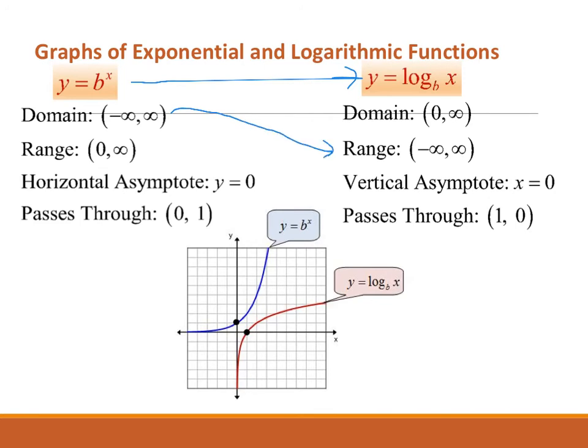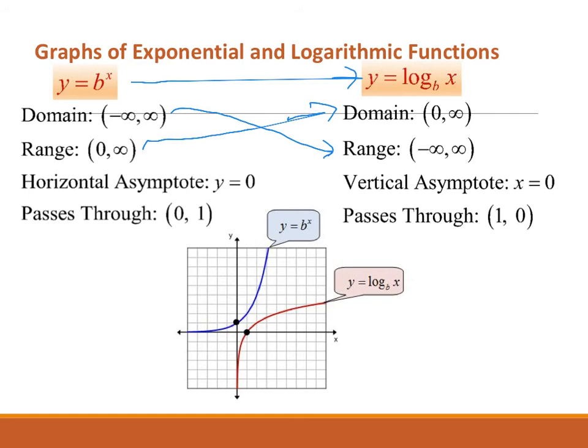For exponentials, the domain is negative infinity to infinity, but the range is from 0 to infinity, and this now becomes the domain for our logarithmic functions. And then the range for the logarithmic functions is the domain of the exponential function.